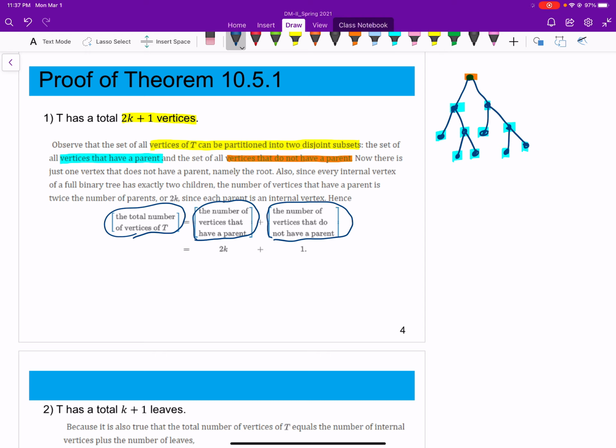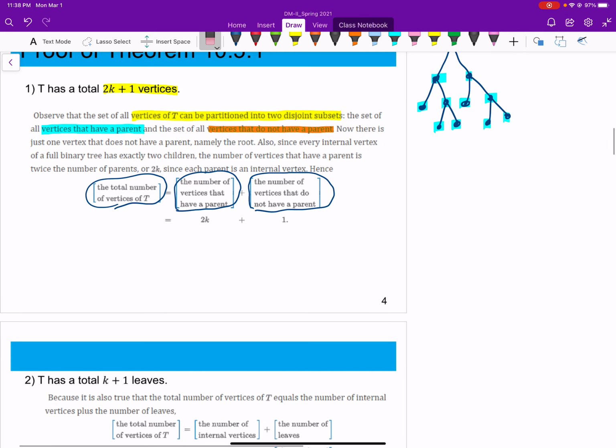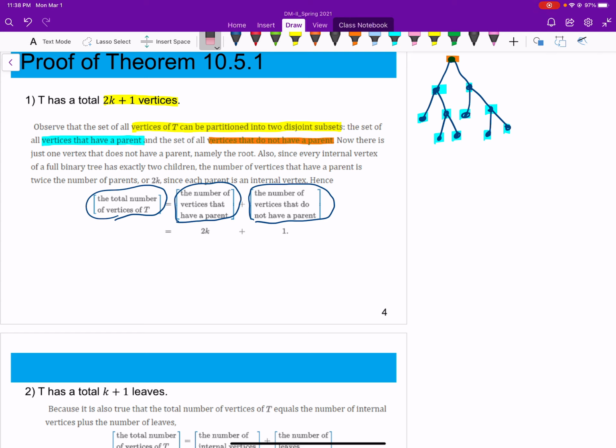In the previous slide, I mentioned that it has k internal vertices. It's right here. Now you can find the number of vertices that have parents as a function of k.